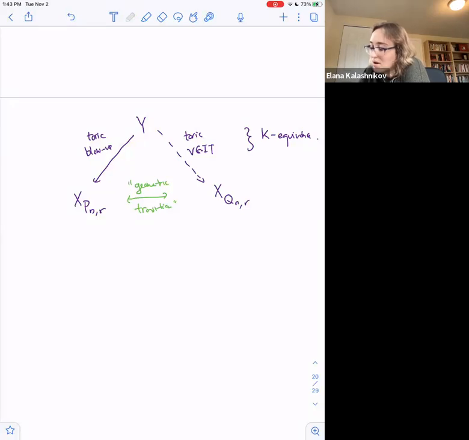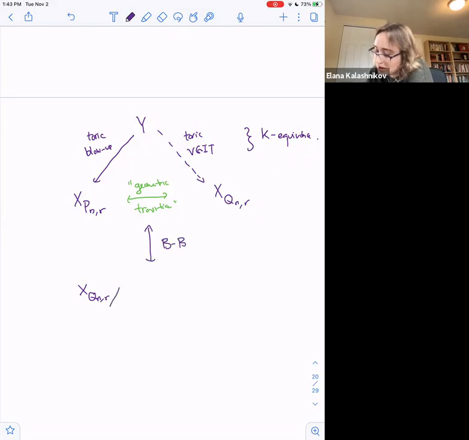And so let me tell you now what the mirror picture is going to look like. Because of how primitive duality behaves under Batyrev-Borisov mirror symmetry, we just get the whole picture in reverse.